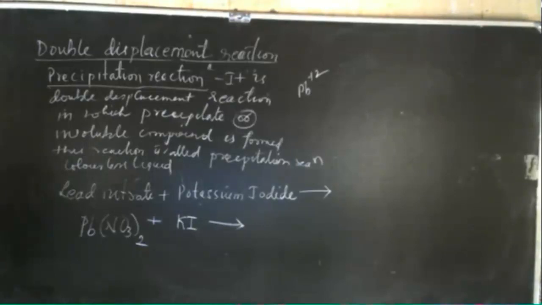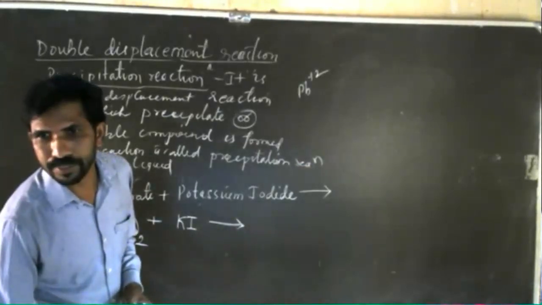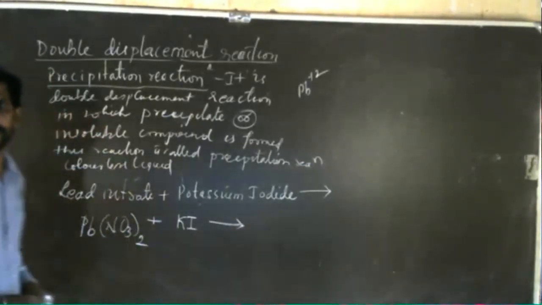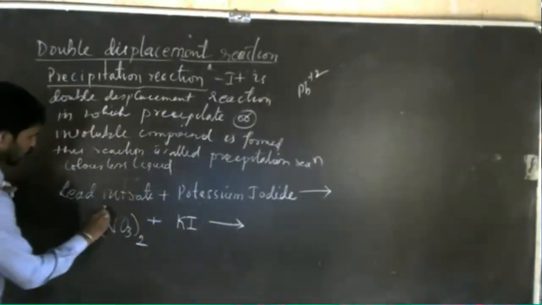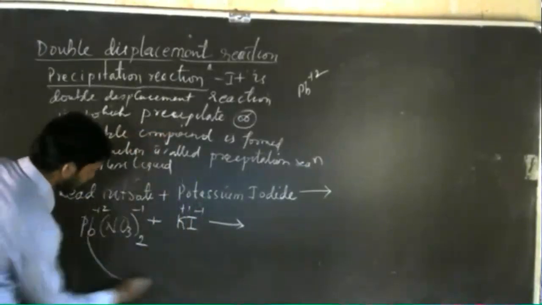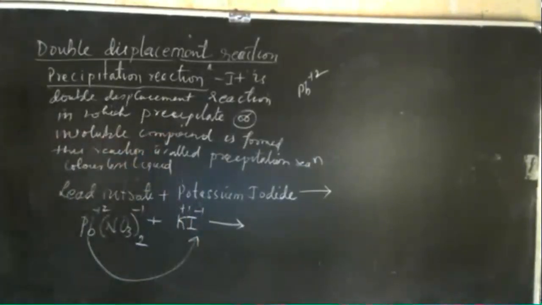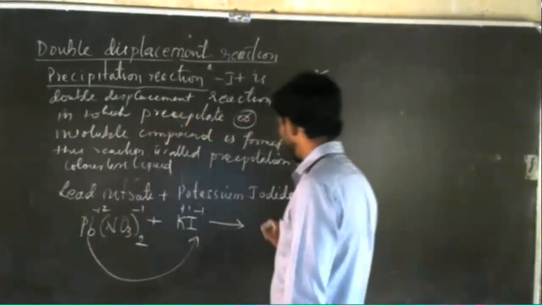The definition tells that it is a type of reaction in which two ionic compounds in their aqueous state react together, mutually exchanging their radicals. So this is +2, this is -1, this is +1, this is -1.